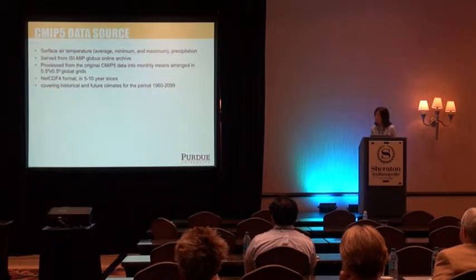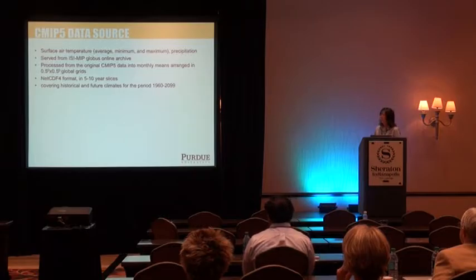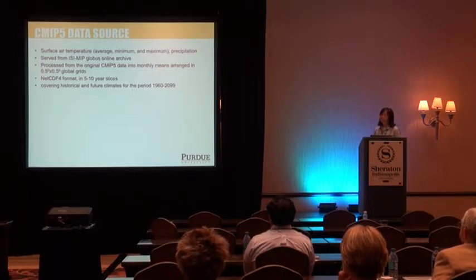A little bit more about the data source used by our tool. This tool connects to a remote CMIP5 model output online archive that's provided by the ISI MIP project. That's another project focused on climate model comparison. The data is processed from the original CMIP5 data into monthly means and interpolated into 0.5 degree resolution.